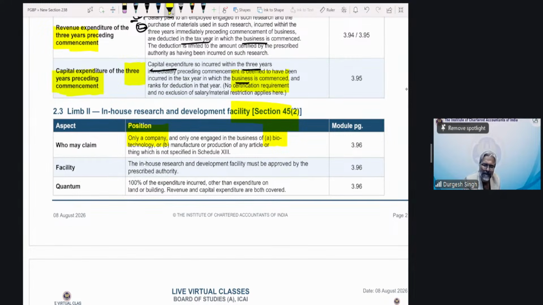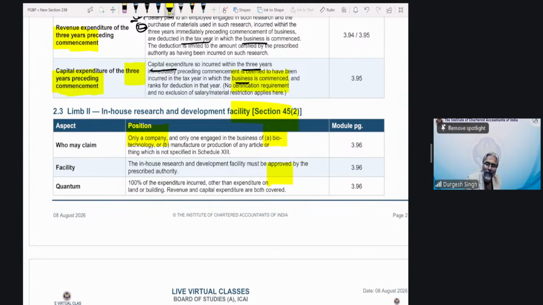Negative list item, just remember that. So it applies to the biotech, that is pharma, industry, or manufacture or production of any article other than a Schedule 13 article. The company should itself be doing the research program, and that research should have been approved by the Director General of Scientific Research in New Delhi.